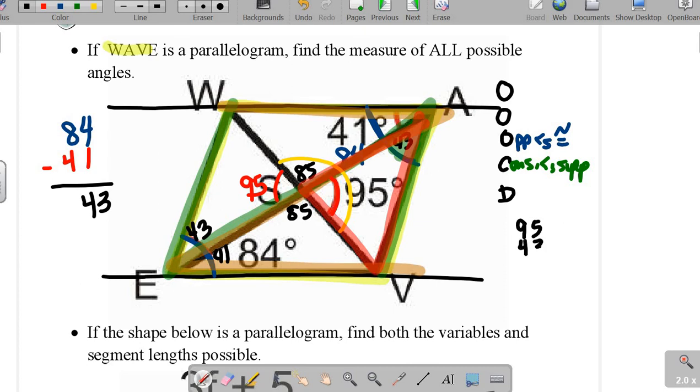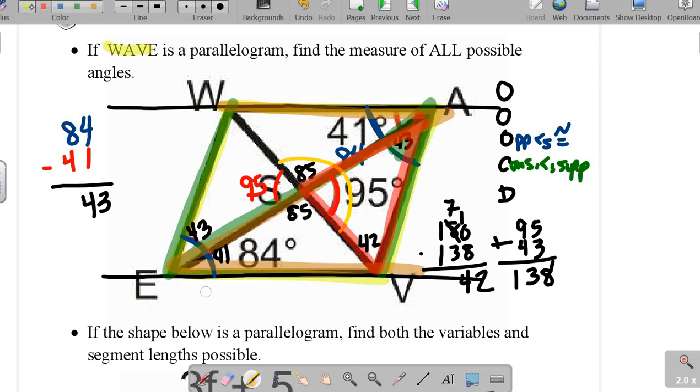95 and 43, and take that away from 180. We get 42. And then this triangle also adds up to 180. So we can go like this. 41, 85.